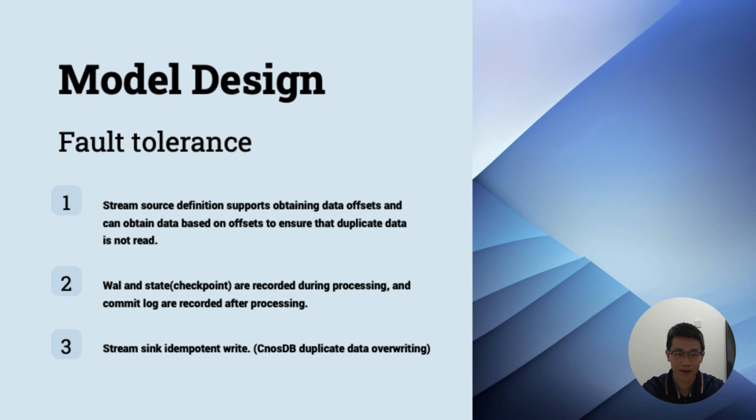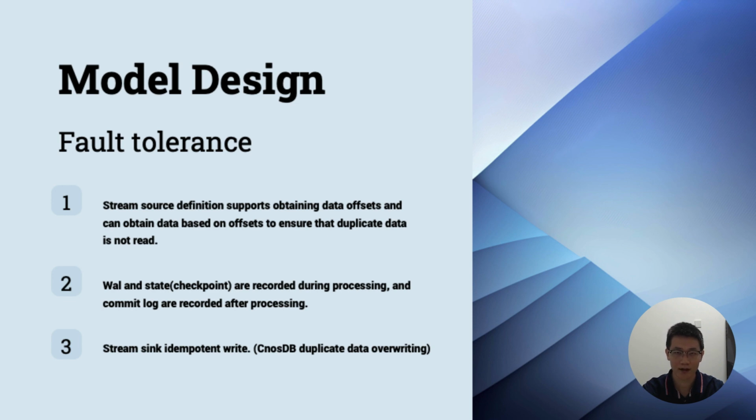This means that they can provide data based on offsets, allowing us to continue reading from where we left off after restart. This helps us maintain normal processing states even after a machine restart. The second mechanism involves recording data as we process it.